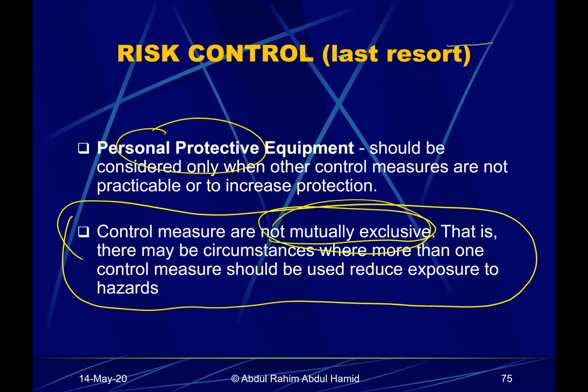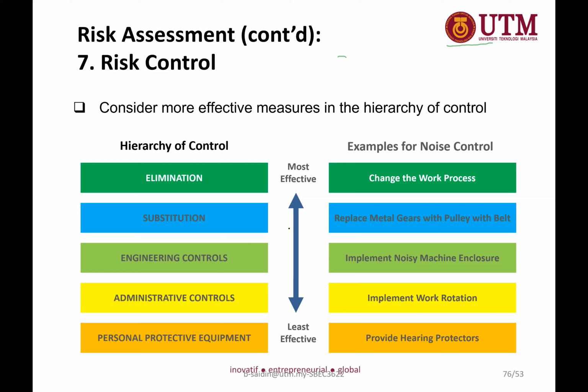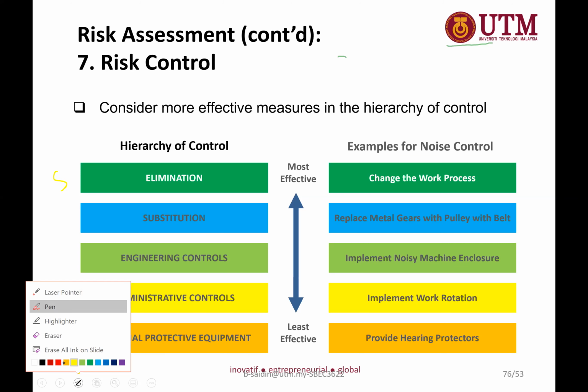PPE is the last thing that you basically can rely on, because you know the nature of PPE is very loose. Okay, at the end of the day, you cannot be 100% sure you are going to be protected by just simply using PPE. Okay, and in terms of hierarchy, normally we can show something like this. In terms of effectiveness, I can say this is Likert scale 5. Let me show you.